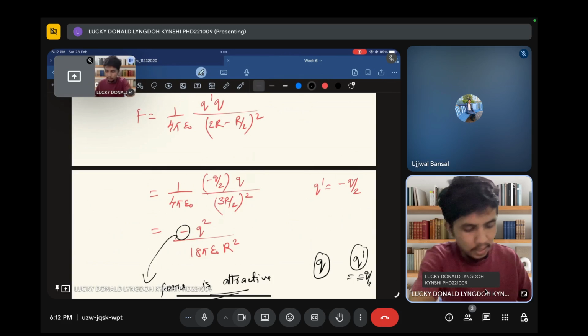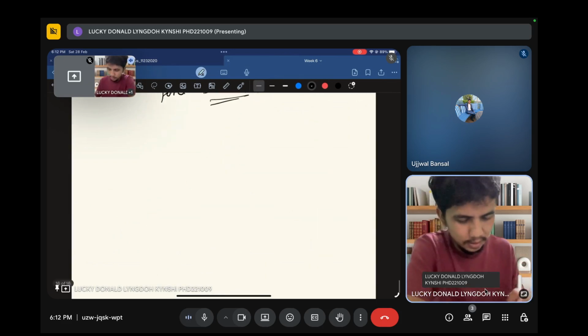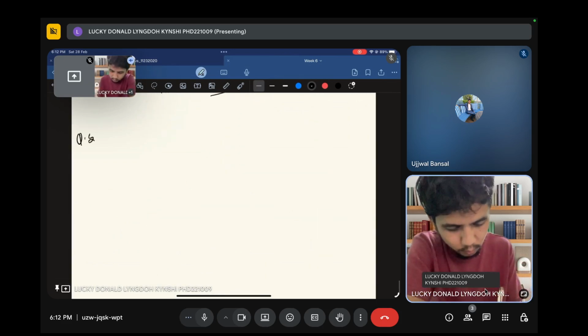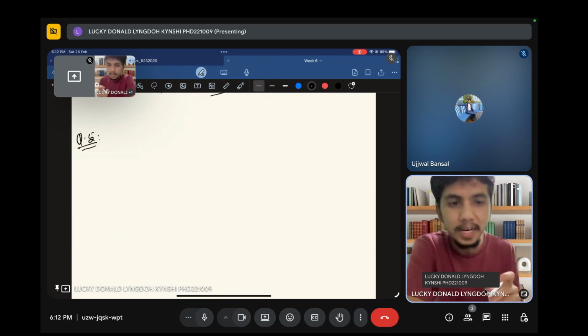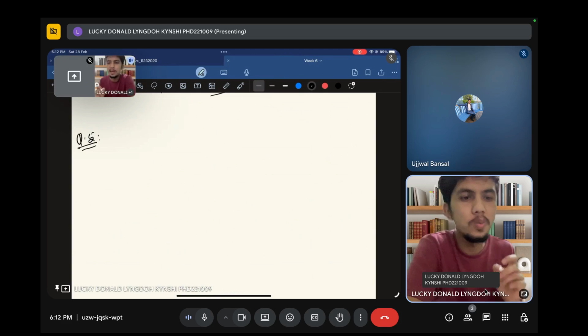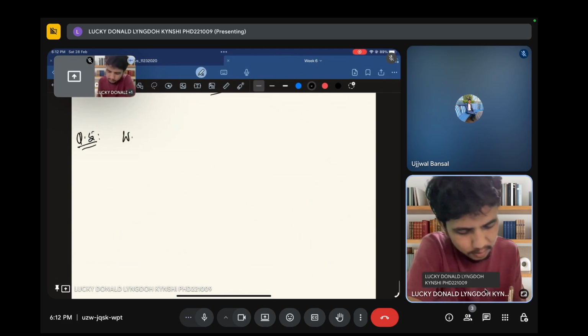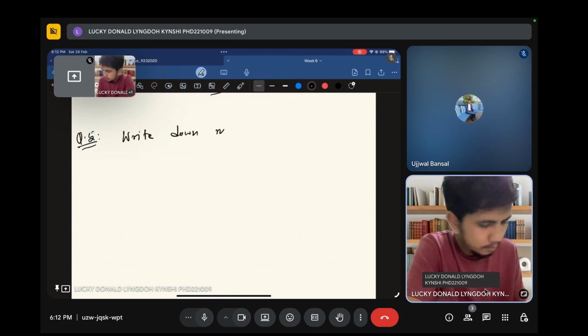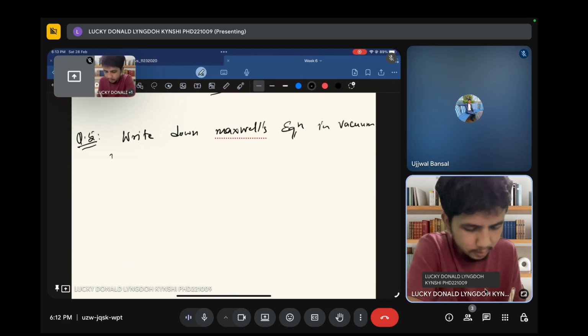I think you already know this also. It's pretty straightforward. The question is: write down Maxwell's equations in vacuum and in medium.